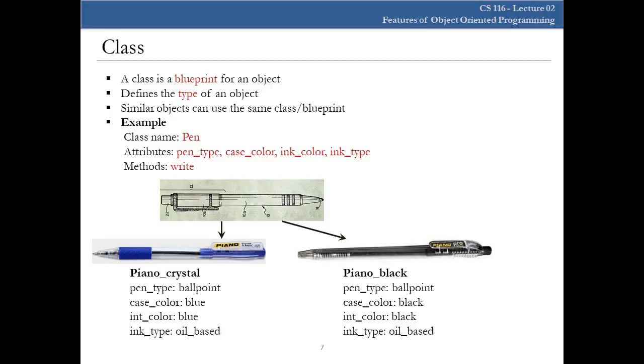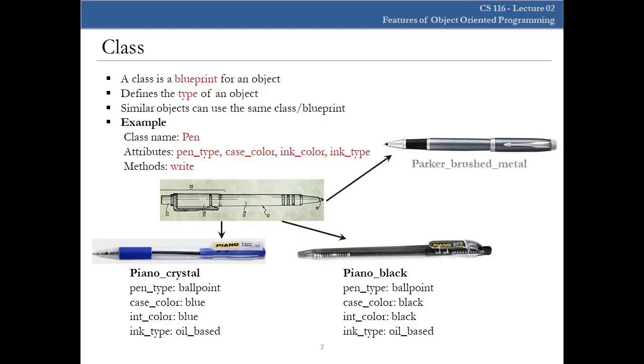So for piano crystal blue, your machine will allocate some memory locations, and for piano crystal black, your machine will allocate some other locations. So these two objects, blue piano crystal and black piano crystal, are entirely different entities. Although they share the same class, they share the blueprint, they are of similar type, they are actually different objects.